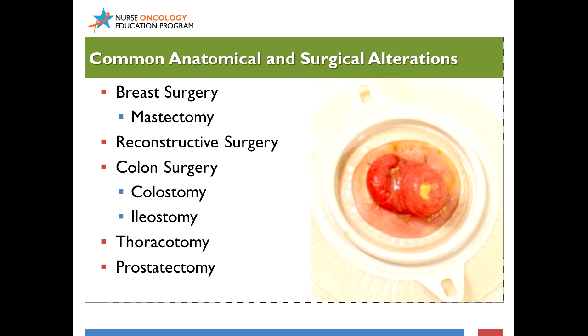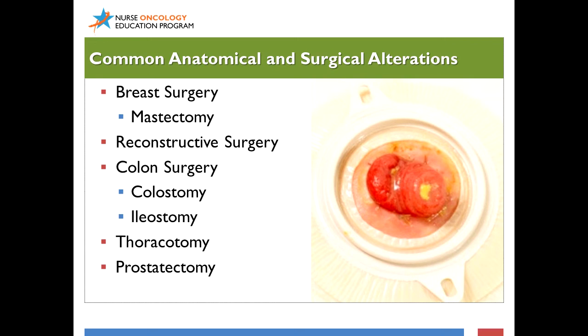Another symptom management tool is understanding the common anatomical and surgical alterations that an oncology patient may undergo, especially when they are first diagnosed with cancer. They may have some type of surgery. As far as breast surgery, we know that mastectomies are very common. Reconstructive or reparative surgery may be done.